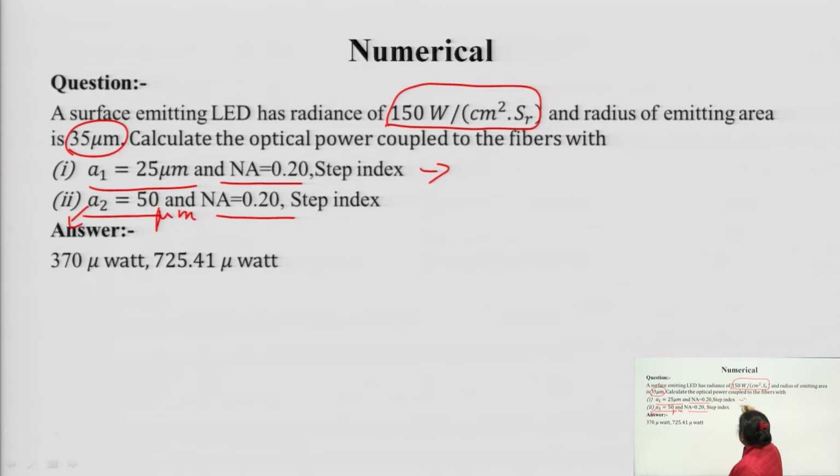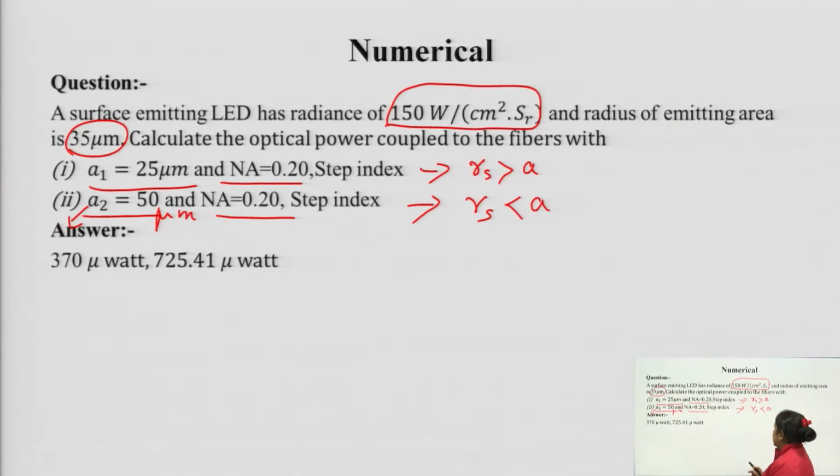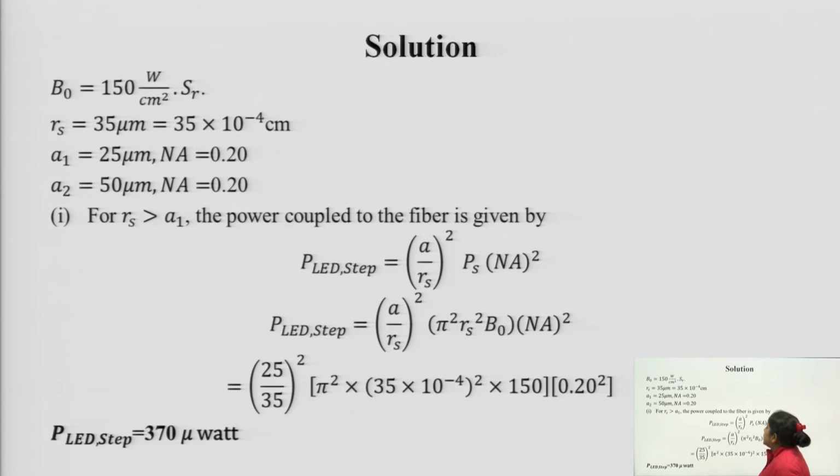If I look at it precisely, in the first case Rs is greater than A, and in the second case Rs is less than A. So, these two different equations will be used by us. Let us have a look at the solution of this numerical.